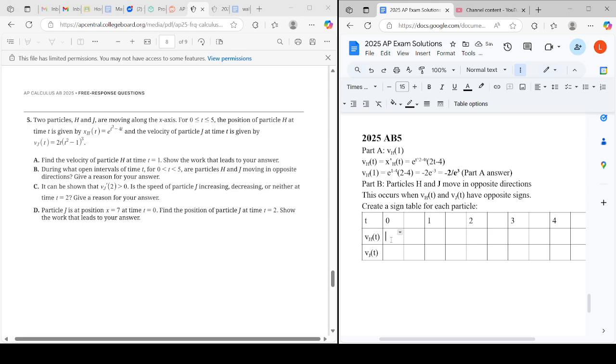For v sub h of t, the e term is always going to be positive because it doesn't have a negative part to it. But in this term, 2t minus 4, is all that matters. It would be 0 here, and it will be negative for every value to the left and positive for every value to the right of it.